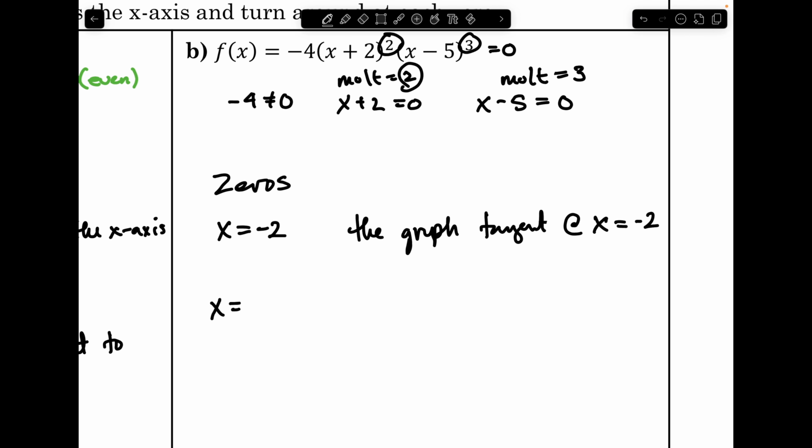And the other zero is +5, and because the factor of x minus 5 is raised to the third power, an odd multiplicity, that means that at x equals 5, the graph crosses the x-axis.